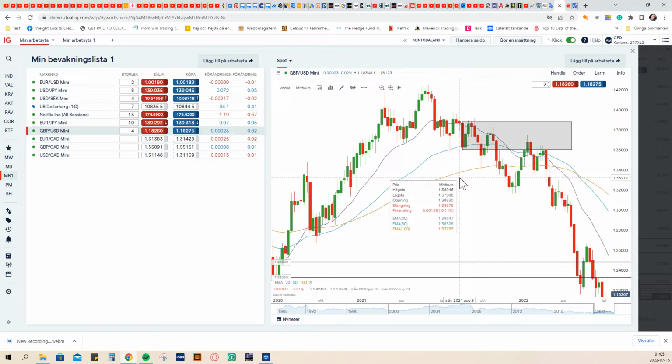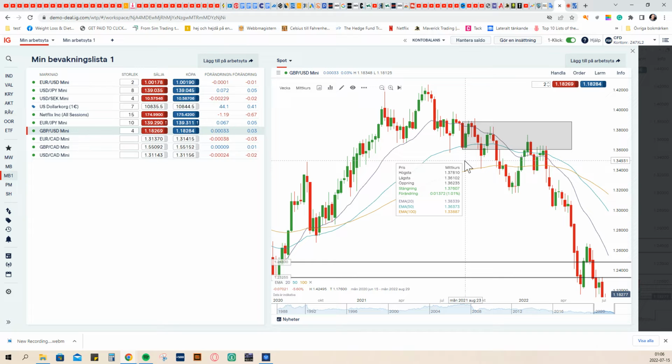So first of all, you must spot the mother bar. Here is your mother bar. Why? Because you have an inside bar here that totally engulfs the mother bar. The bottom doesn't go below the mother bar, and the inside bar doesn't go over the top of the mother bar.